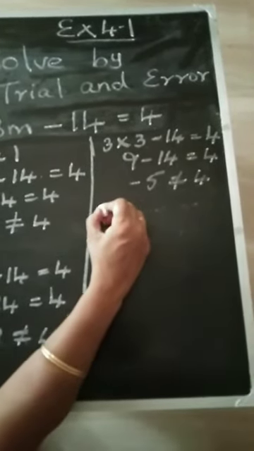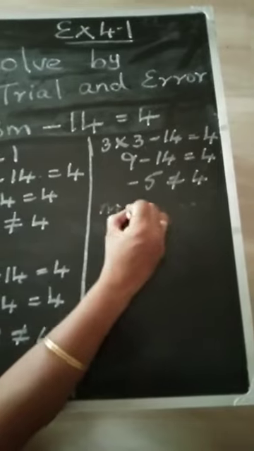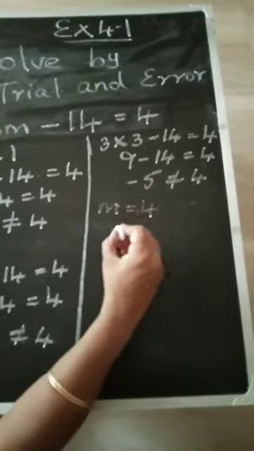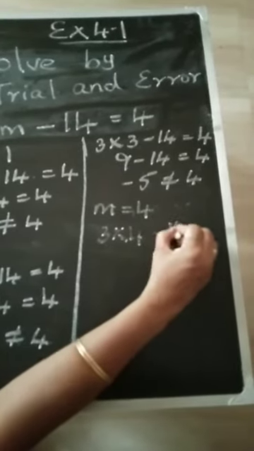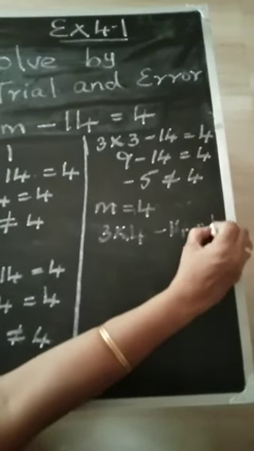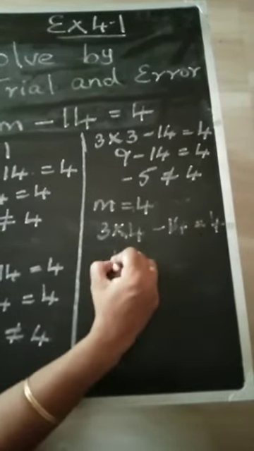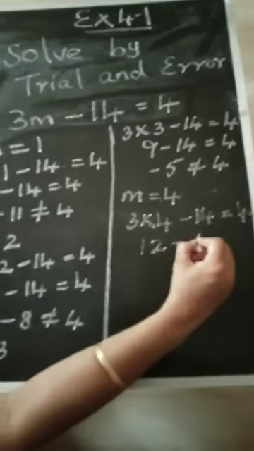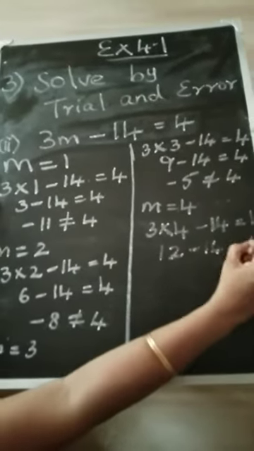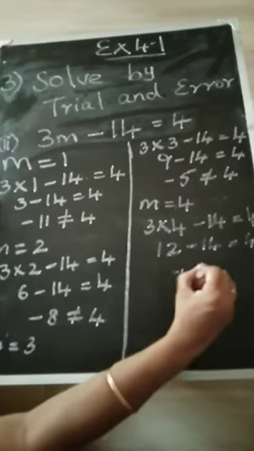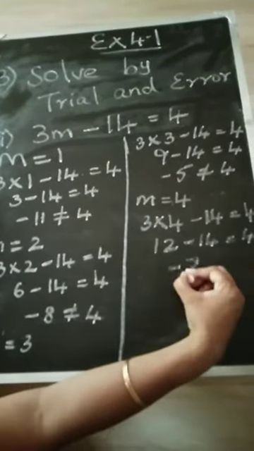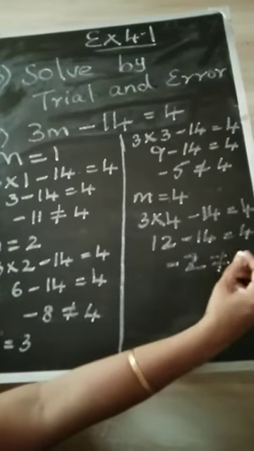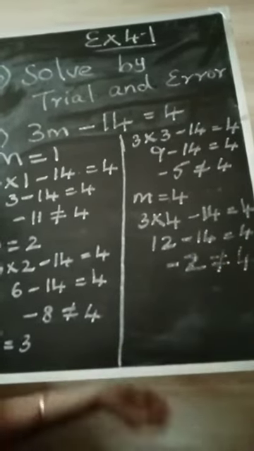Next, m is equal to 4. So 3 into 4 minus 14 is equal to 4. 12 minus 14, minus 2 you will be getting, which is not equal to 4.